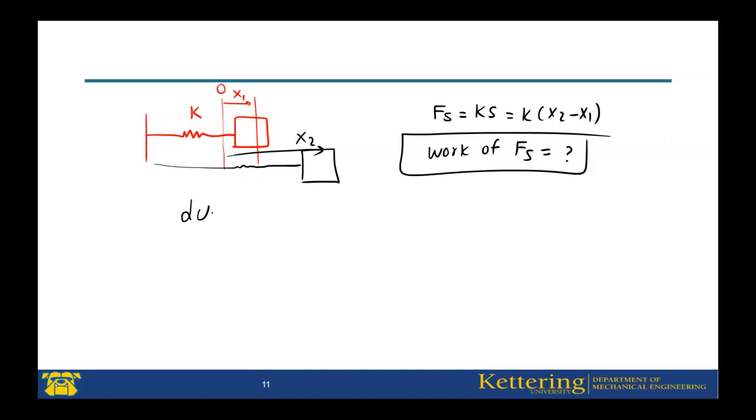Look, we need to use this equation, F dot dl. You learned this. F here is the F of the spring. dr is just moving along x, so this will be dx i. Now, how much is the Fs?